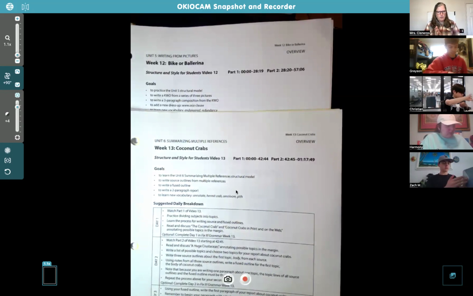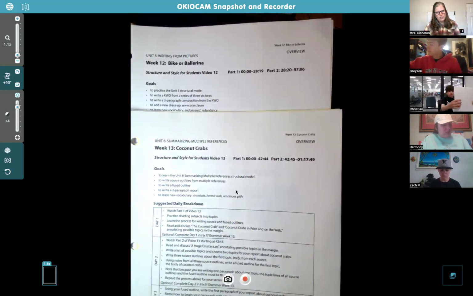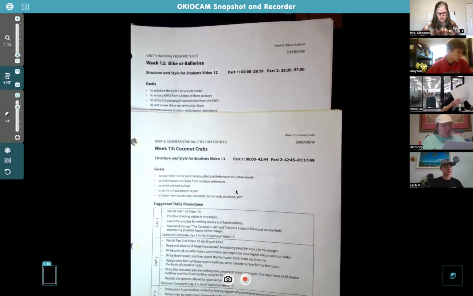Don't mix up the papers, okay? Try to keep them in the same order. So get out week 12 and week 13. We're going to start with 12, so you can just set 13 aside for a minute. Just keep it in a nice stack. If you have a paper clip, you can put it on the 13 just to keep it together.